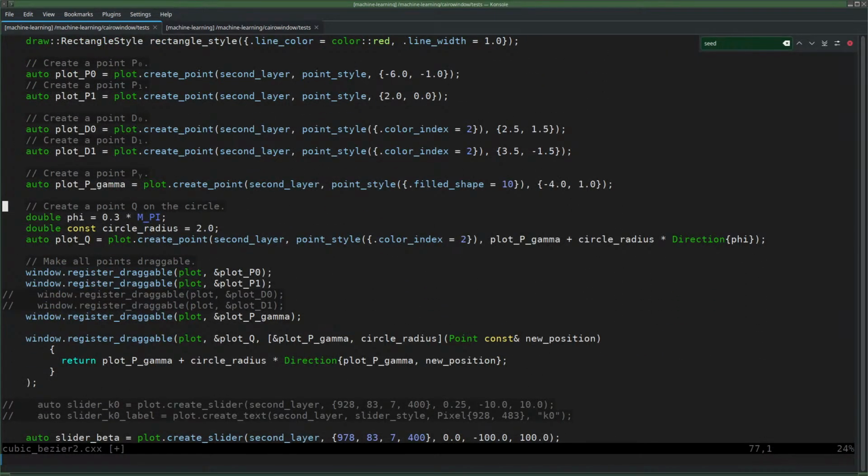Grab one Q on the circle. Which circle? Around gamma. Yeah, I don't want that. I want circles around P0 and P1 now, with these as direction. So you don't really have that then.